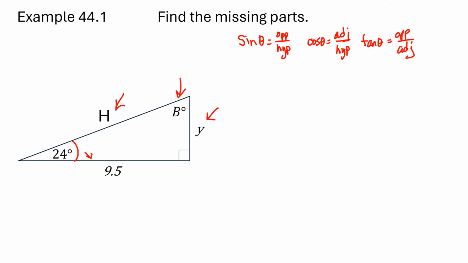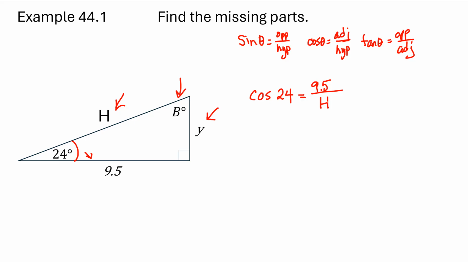One function we could use that would have only one unknown would be cosine, because cosine 24, if you look at the triangle, is equal to 9.5, the adjacent side, over the hypotenuse, which is h. So this is an equation we can solve.